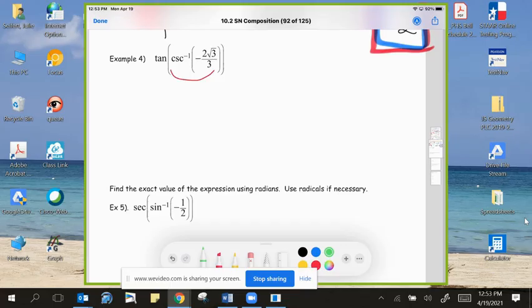Is that an angle or is that a ratio? That is our ratio. So we're starting with the ratio, meaning when we do cosecant inverse of negative 2 root 3 over 3, we'll have a ratio, and then the answer to that will be an angle.